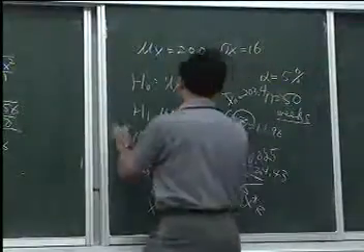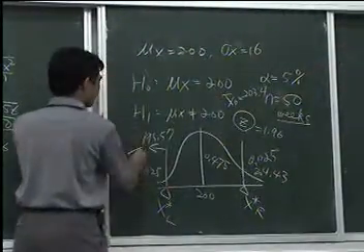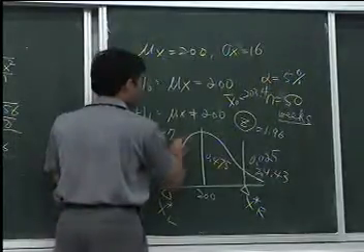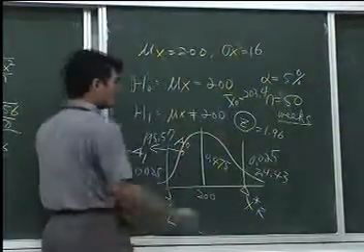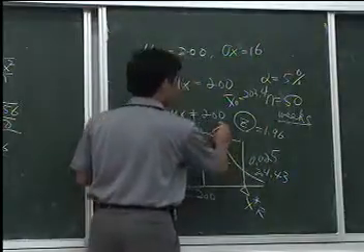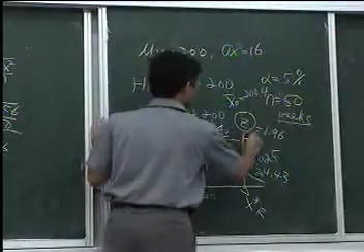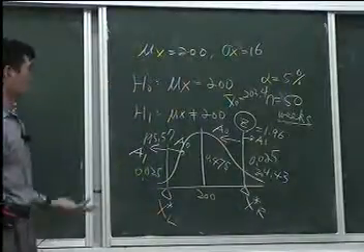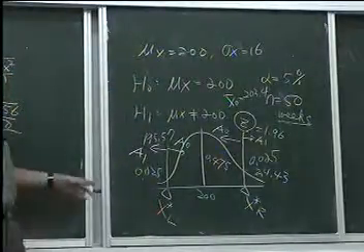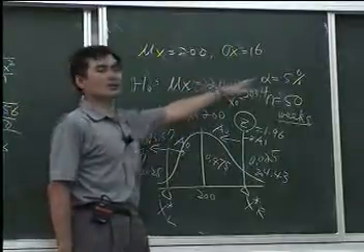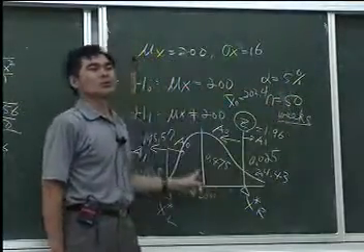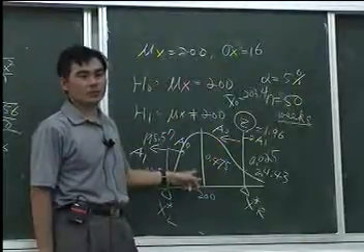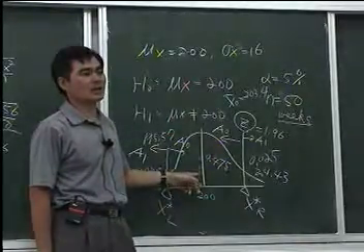Here you take action A1 because it's too small, here action A naught, the same thing here A naught, and then here A1. So let us say you use alpha equal to 5%. You fail to reject H naught and you accept H naught.